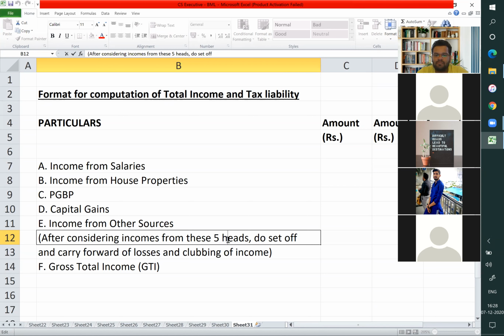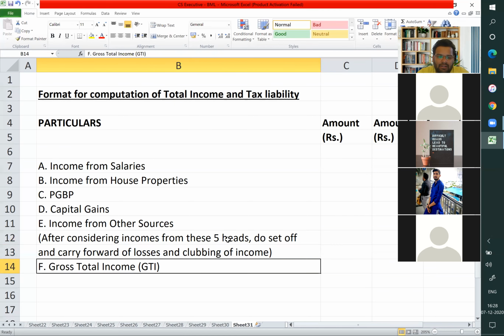So after doing all that, you get gross total income. Suppose in the same example you had income from other sources of 3 lakhs. Now what is your gross total income? 15 lakhs. Absolutely.